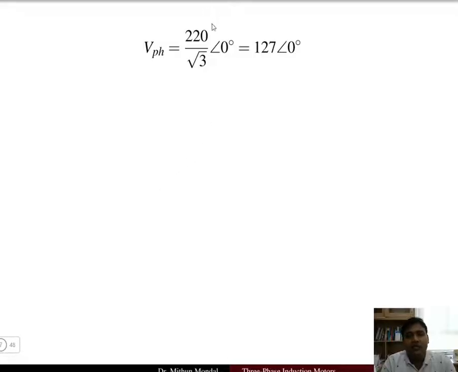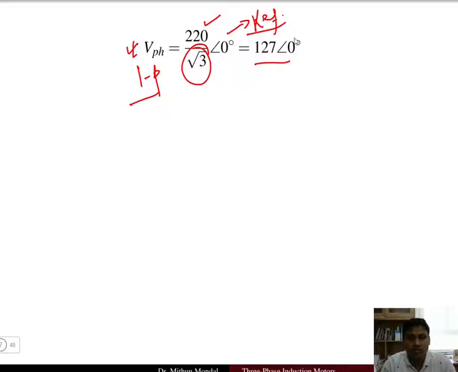We have been given the three-phase voltage of 220 volt, but we need to solve it in single phase quantity. So first we have to obtain the voltage in per phase quantity. So we divide it by √3, and taking 0 degree as the reference, we get the voltage as 127 angle 0.